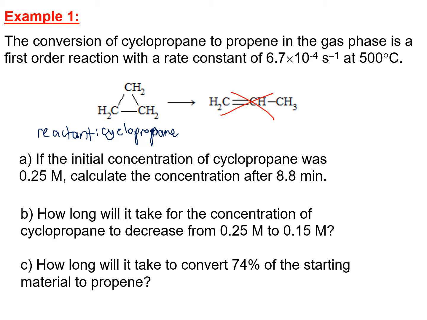It also already tells us the rate constant for this reaction is 6.7 times 10 to the power of negative 4 per second. You can see the unit also matches first order reaction, which is per unit time, per second.